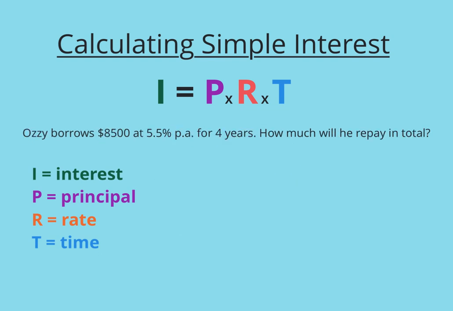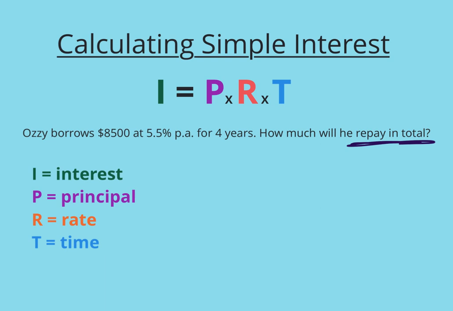Okay, so our last example, Aussie borrows $8,500 at 5.5% per annum for 4 years. How much will he repay in total? So this question is different because it's asking how much is going to be repaid in total. So that's our principal plus our interest, but we'll get to that at the end.